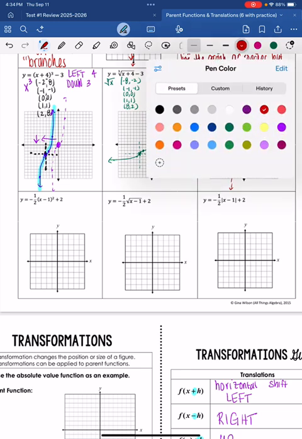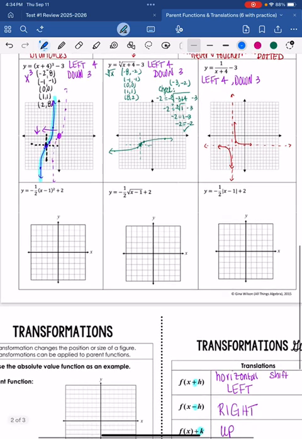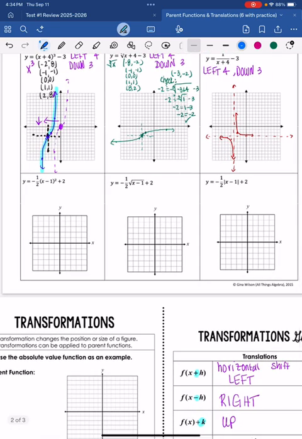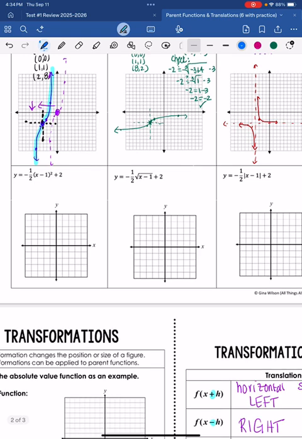Notice that every single one of these has -1 plus 2, and they all have a -1/2. All three of these graphs have the exact same shift. The difference is their shape. So this first one is going to be shifted right 1, up 2.